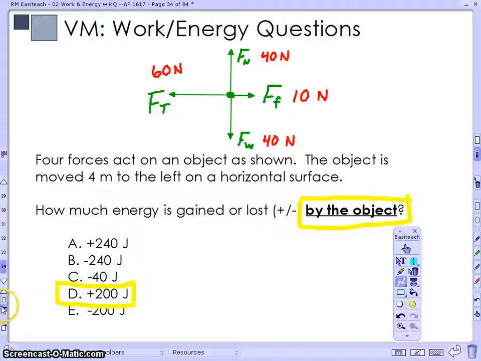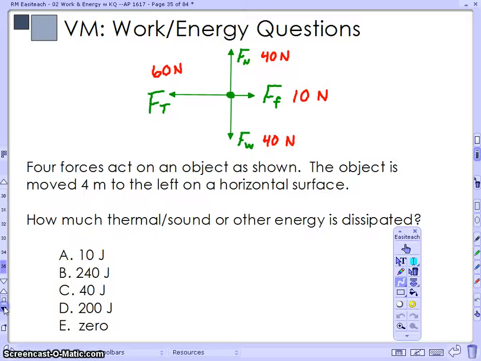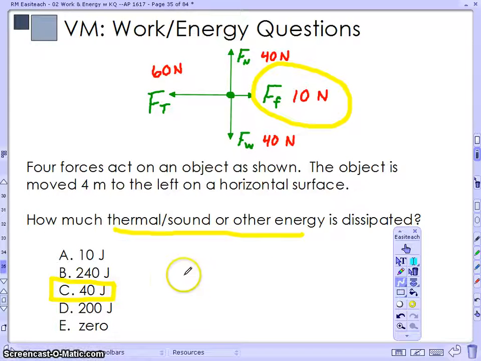If this object were being lifted, then for the energy gained or lost, we'd also have to consider the potential energy, which is going to be the negative of the work done by gravity. In this case, they're talking about thermal or other dissipated energy. You should be looking at friction. And yes, friction did negative work, but the thermal energy that was generated is positive. It's there.